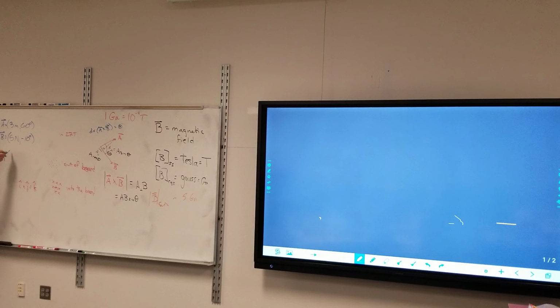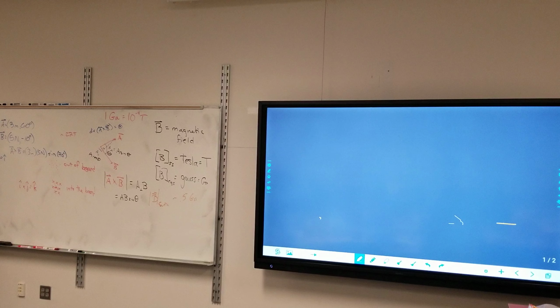All right, so A cross B. Well, that's going to be 3 meters times 5 newtons times the sine of the angle between them, 70 degrees.